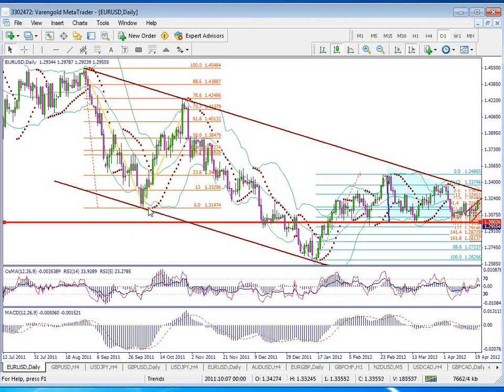When we have wave number 1 and wave number 2, we can draw the channel. So here will be 1 point. This second high will be the second point for the trend line. And to draw the channel, we just have to translate that line onto the low that was made by the first wave.